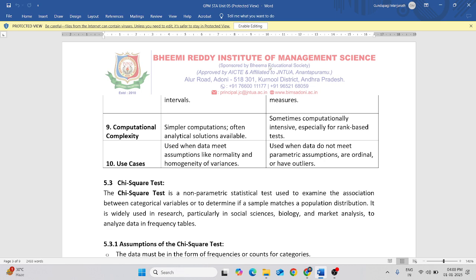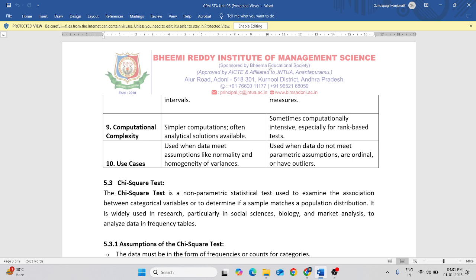In the parametric methods, the computations may be a bit lengthier, but when we have more and more variables, it becomes easy to compute, and we can convert any data into statistical information, analyze it and take the decision.